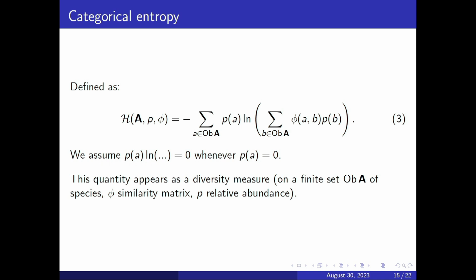And this quantity appears already in a non-categorical context as a diversity measure. I won't enter into the details here, but this is also work by Leinster and Cobbold on diversities, on measures of metric spaces. So it's not a completely new functional form, but what is new is that we're trying to see this as a categorical entropy rather than something that is associated with metric spaces.